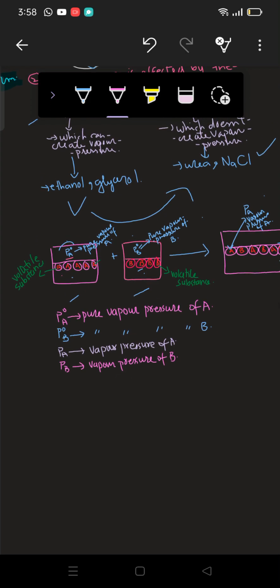So P naught of A represents the pure vapor pressure of A, P naught of B represents the pure vapor pressure of B, PA represents the vapor pressure of A, PB represents the vapor pressure of B.